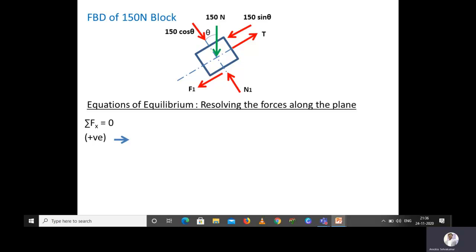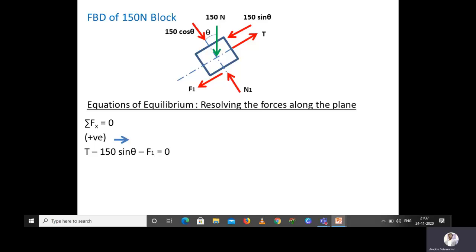Now, considering the free body diagram of the 150 Newton block, we have the tension, the frictional force F1, and 150 sin theta. Acting towards left is negative and acting towards right is positive according to the inclined plane. So T will be positive, 150 sin theta and F1 will be negative. Now we write the equation T minus 150 sin theta minus F1 is equal to 0.